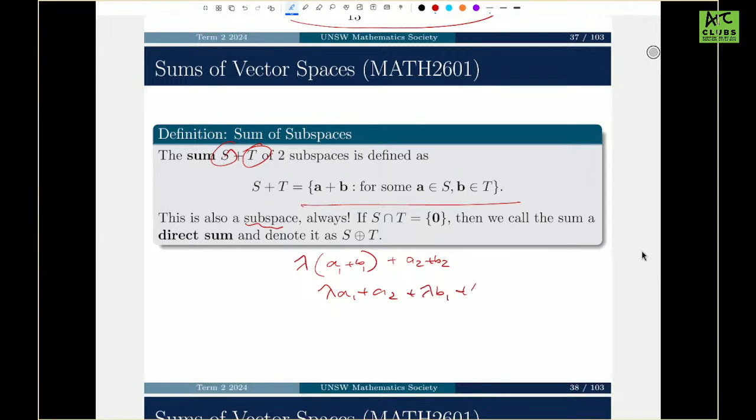This is in S, and this other thing is in T, because they're both subspaces anyway.